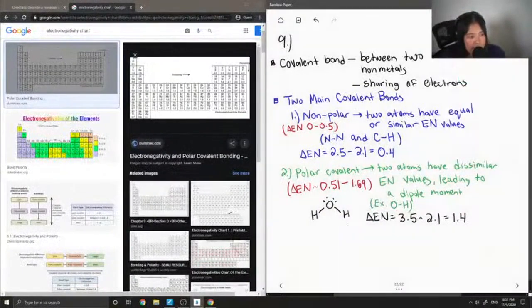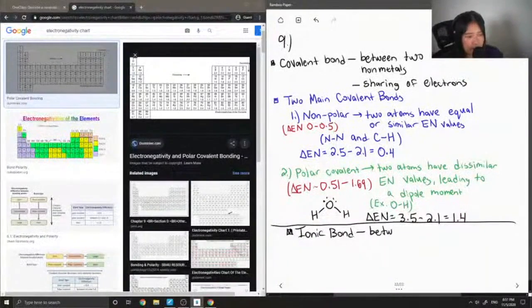But on a different note, we can also just quickly look at what an ionic bond is. Ionic bonds are between a metal and a nonmetal.